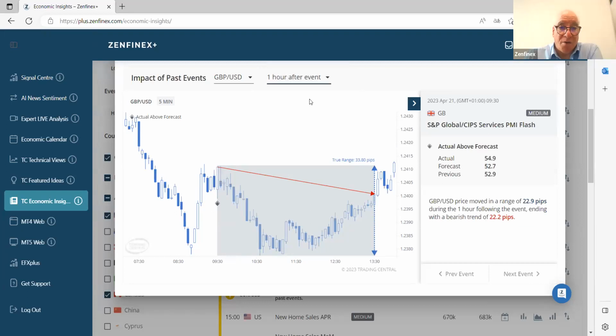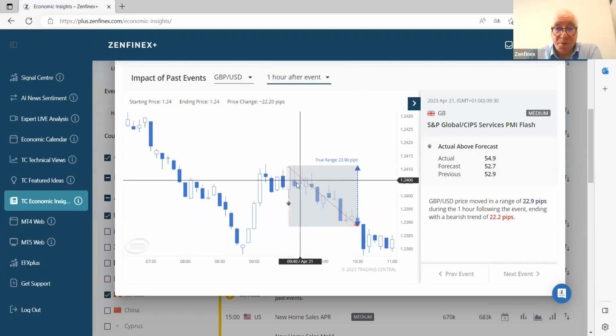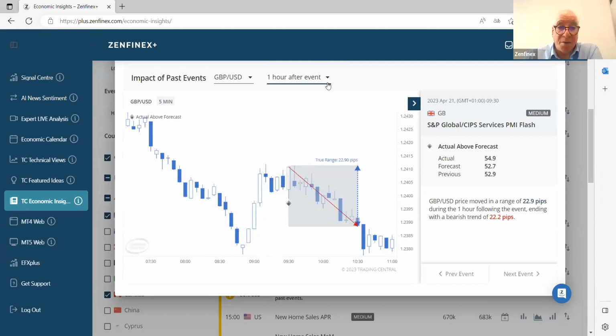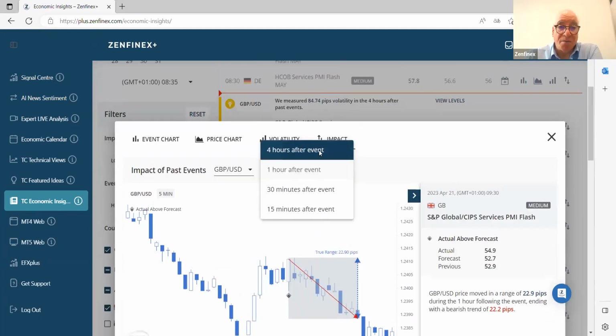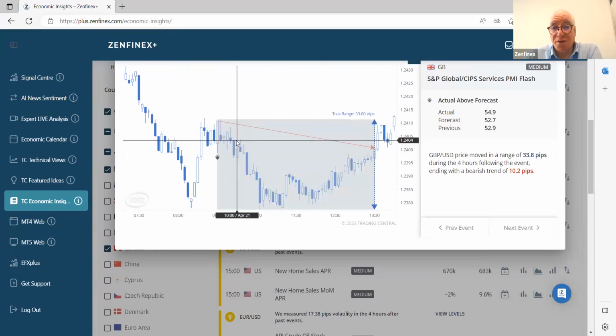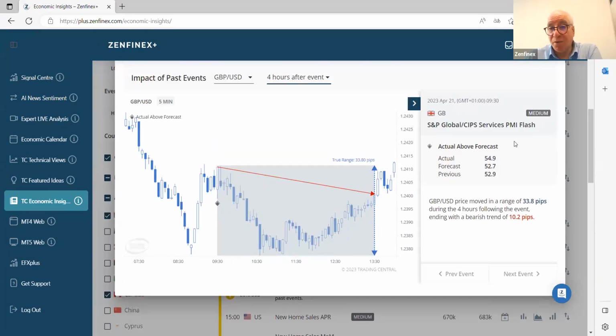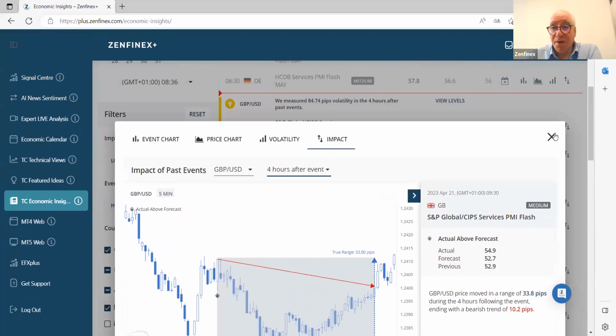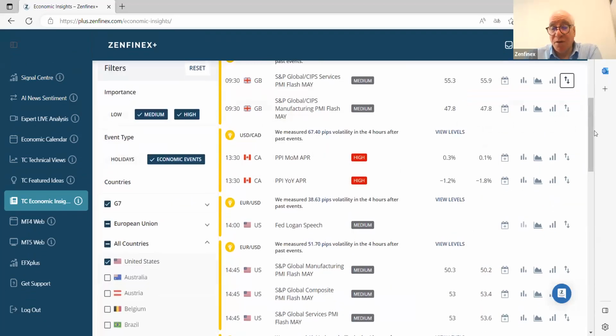And 1 hour after that news announcement of last month, it immediately came down for the first hour, and within 4 hours, it more or less got back to almost exactly where it started. So that's interesting. And those PMI figures were, previous was 52, and I am talking about the April numbers. 52 forecast, it went slightly higher, but didn't really impact the price of the British pound. So it's quite a good way of looking at what was announced last time.